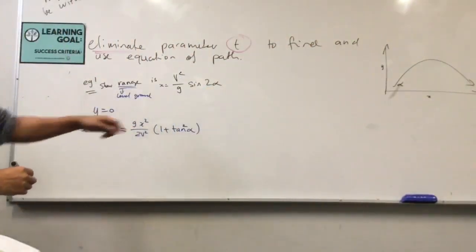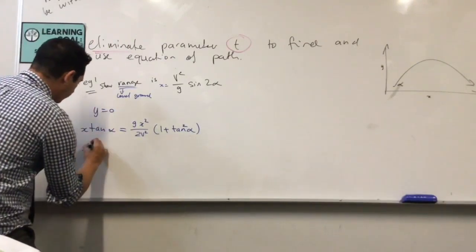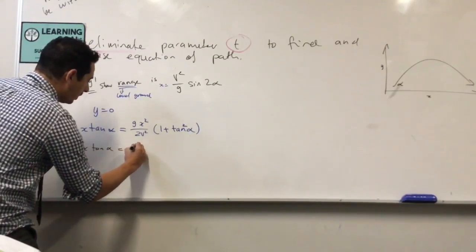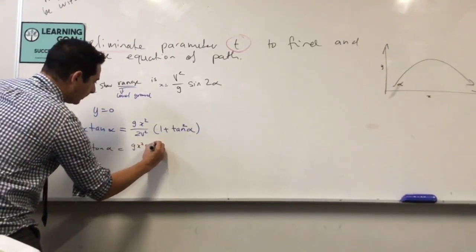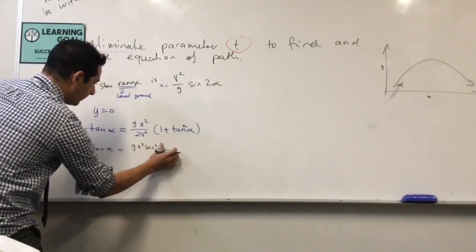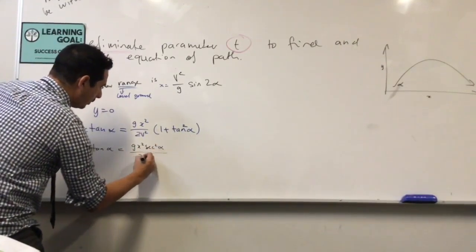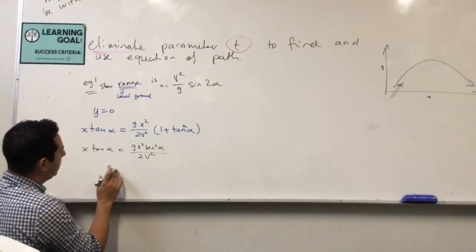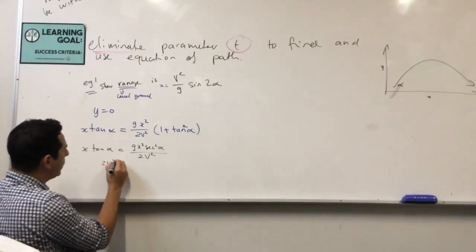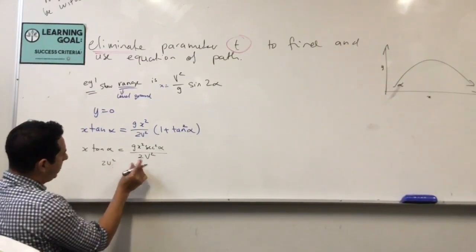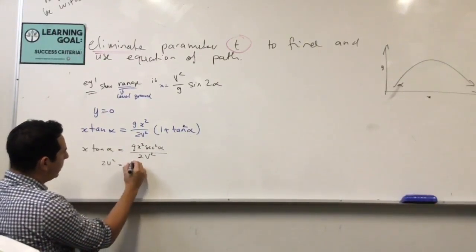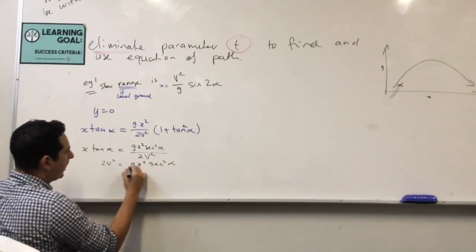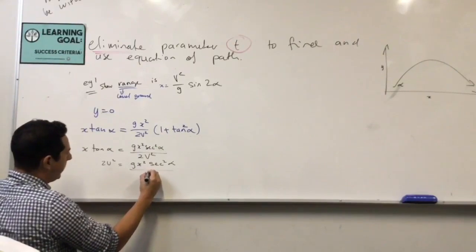So I'm going to put that back into sec squared, so let's go x, and I'm going to go tan alpha equals gx squared sec squared alpha over 2v squared. I'm going to get 2v squared on that side, and over here I'm going to get gx squared sec squared alpha over x.